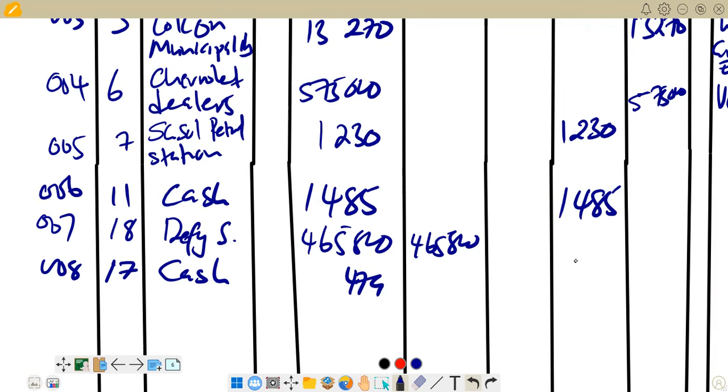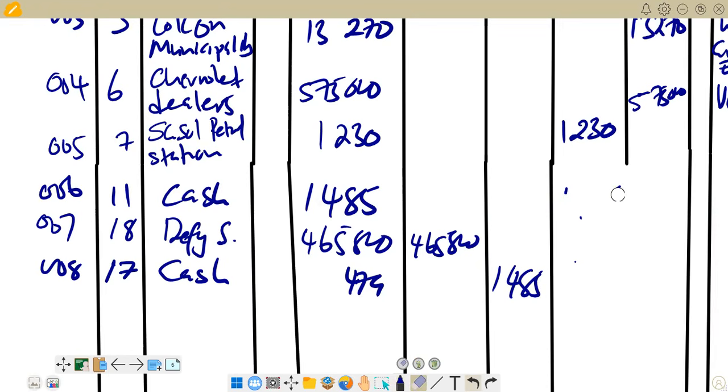Let's see, the petty cash is this one, 1,485. So it means this one is in the wrong column. We are supposed to put it here, in 1,485. So this amount was supposed to be here.